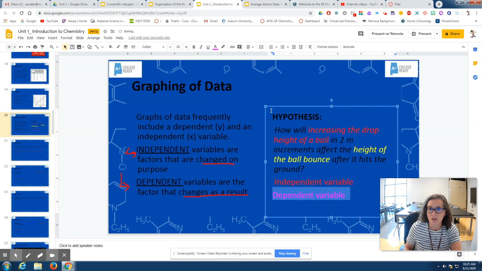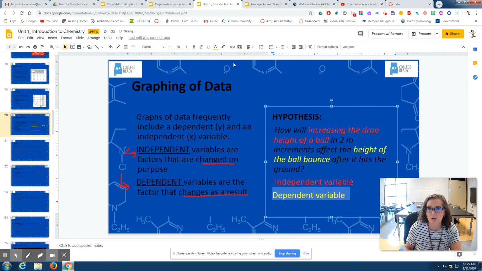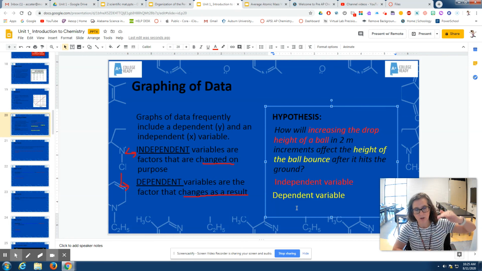The independent variable is what we are going to do. We are going to increase the drop height. We're going to take that ball up higher and higher and drop it. That's our independent variable because that's what we are going to change.